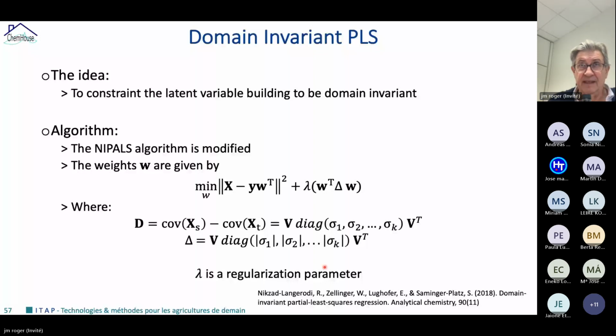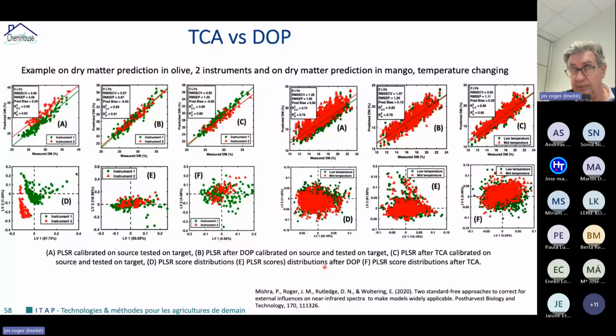Here we will see a comparison between TCA and DOP, because DOP is also a transfer domain adaptation method. So we have two instruments, in green and red.